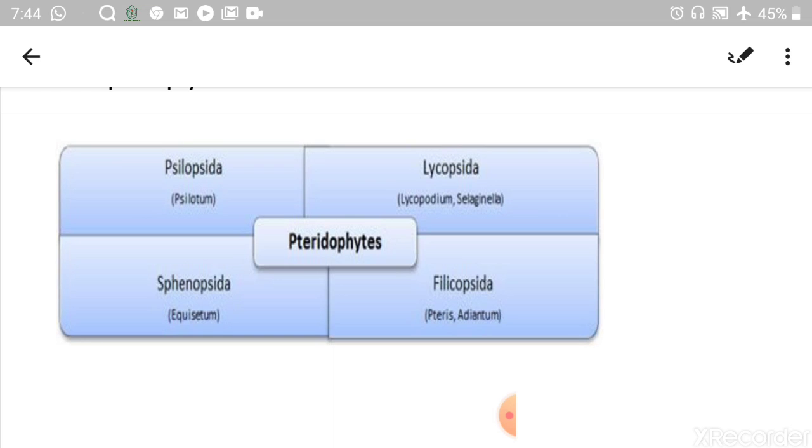A water fern Azolla helps in nitrogen fixation, which grows in symbiotic association with nitrogen fixing cyanobacteria Anabaena in the paddy fields. Then ferns are grown as ornamental plants as they look very graceful. So this was all about pteridophytes.